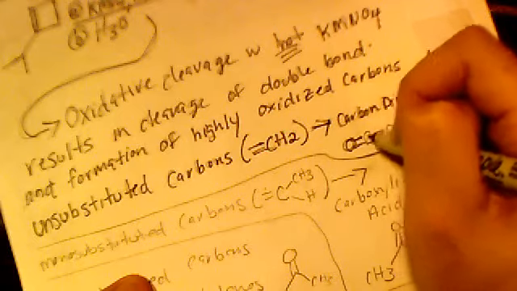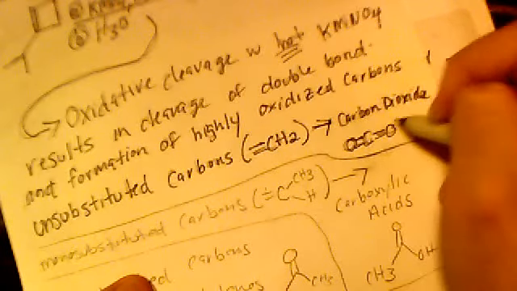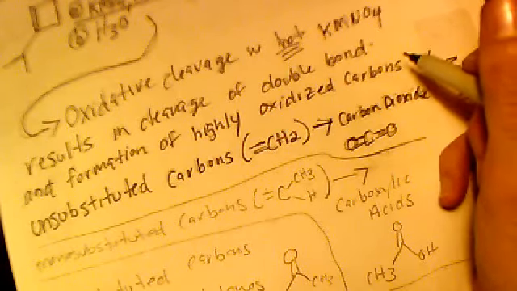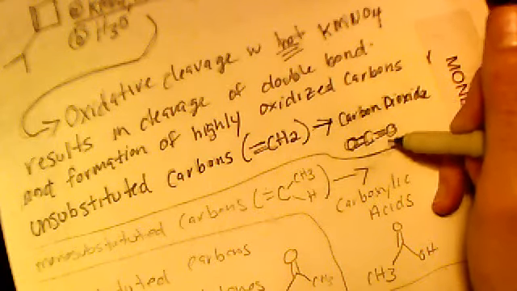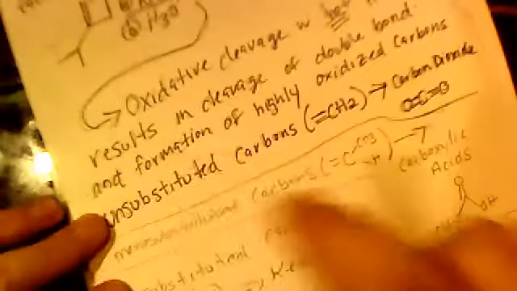So if you see an unsubstituted carbon in a hot potassium permanganate reaction, the unsubstituted carbon is going to become carbon dioxide.